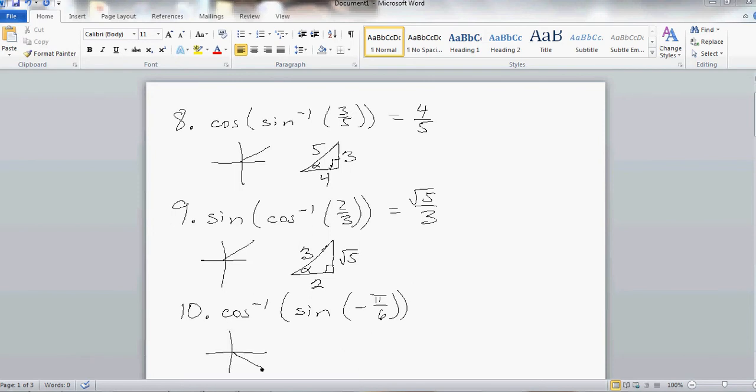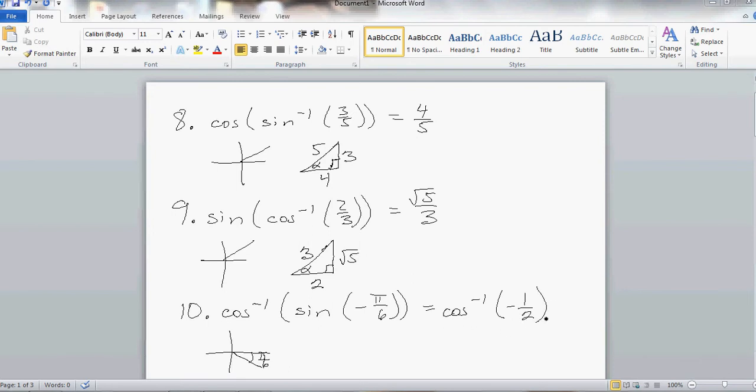Negative pi over 6 is in this quadrant with the reference angle of pi over 6. The sine is negative here, so this is going to become the arc cosine of something negative. What in particular? Well, the sine of pi over 6 is 1/2.